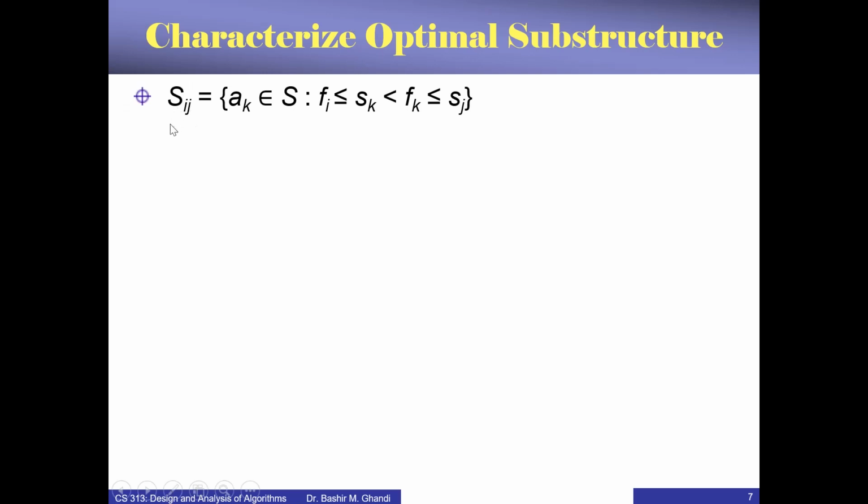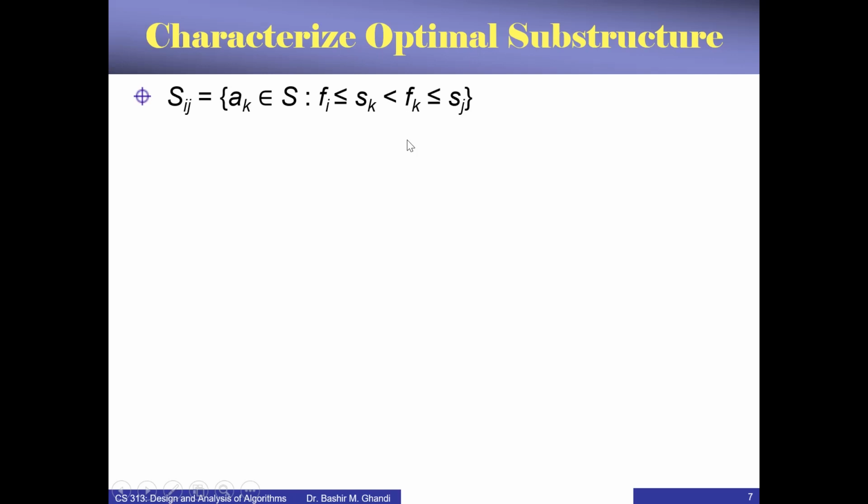We define a set Sij to be the set of all activities AK in the overall set S such that the starting time SK is after, that's what we mean by greater than, the finishing time Fi of activity AI, and the finishing time of our activity AK is before the starting time of another activity AJ.